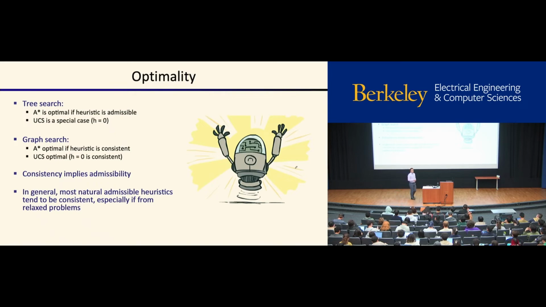It turns out that if you just design heuristics by trying to do these relaxed planning problems, you'll often find that they'll generally be admissible heuristics, but they'll tend to be consistent as well. So it's actually harder to design an admissible heuristic that is not consistent sometimes than it is to design one that is.